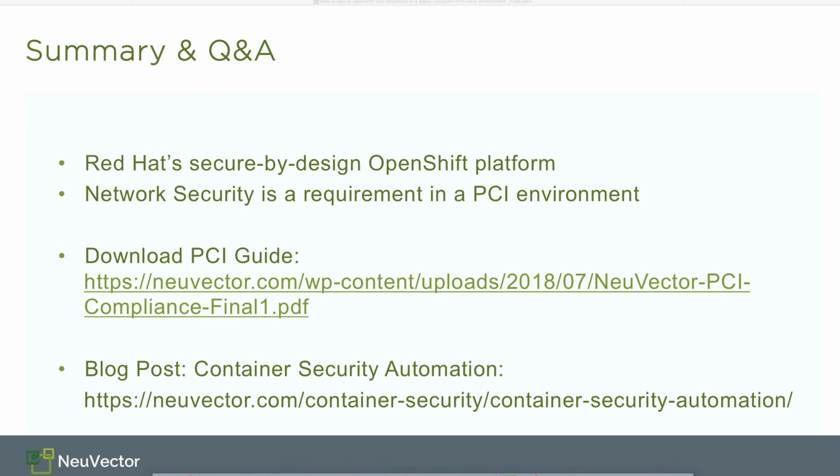RBAC is the authorization piece, or role-based access controls. It basically determines whether a user is allowed to perform a given action. The thing that OpenShift provides on top of Kubernetes is that RBAC is enabled by default. With community Kubernetes, you actually have to enable it with the authorization mode flag when you start the API server.